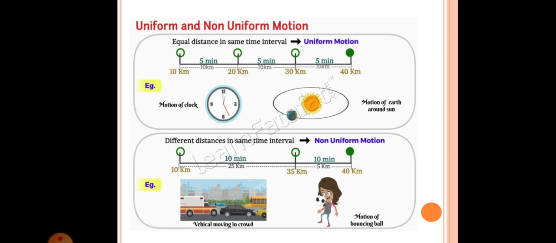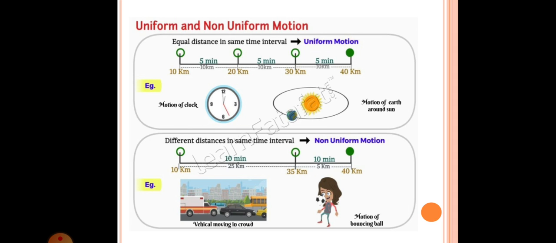Now in the second case, you can see from 10 kilometer to 35 kilometer the object is taking 10 minutes, and from 35 to 40 kilometers it is also taking 10 minutes. So for 25 kilometer it is taking 10 minutes, and for 5 kilometer it is also taking 10 minutes. That means in the same interval of time different distances are covered.